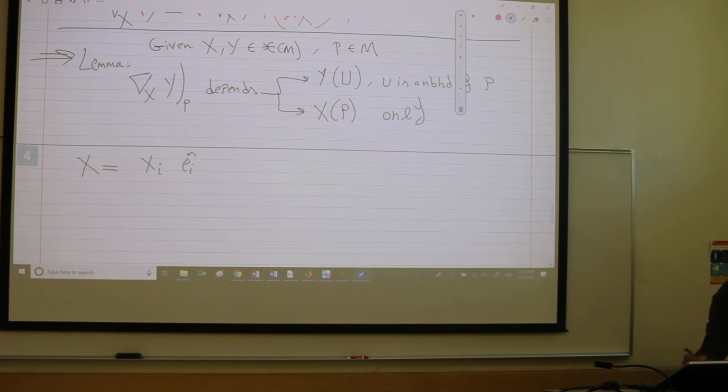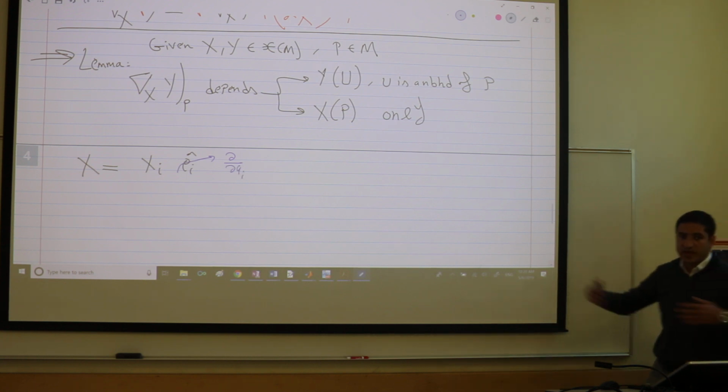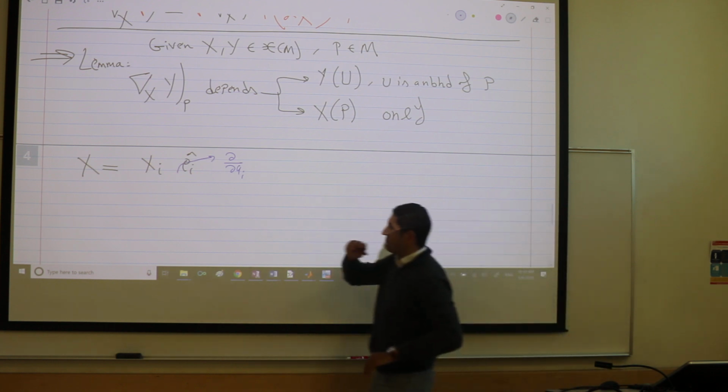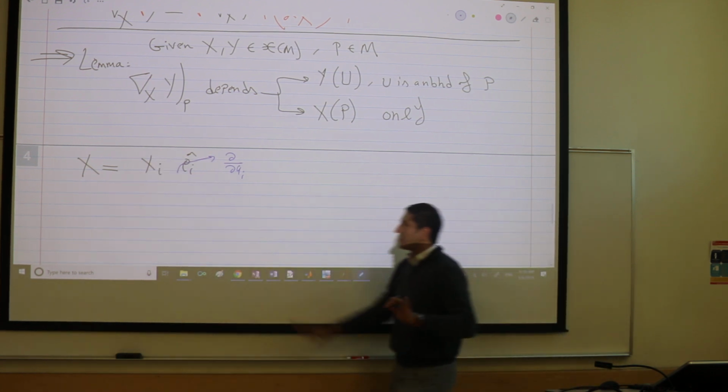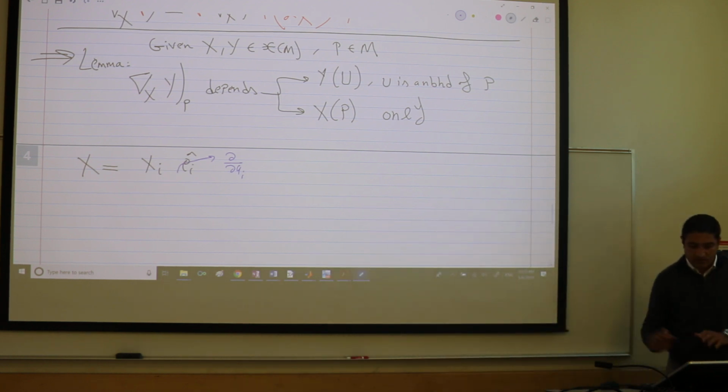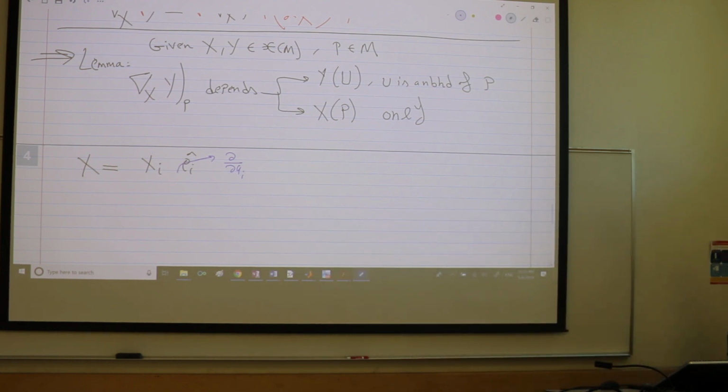I'm reminding you that these e_i's are just the partial derivatives with respect to the x's, right? These are the unit vectors that span your tangent space. Strictly speaking, the i should be a superscript, but I will not go tensor-wise. We're not introducing tensors in this course, so I'll be sloppy with the indices.